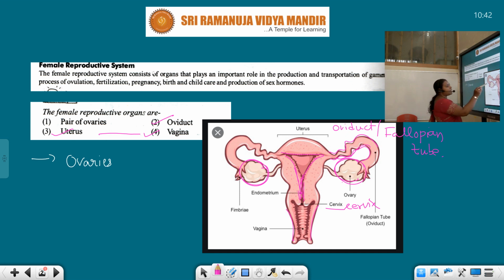And see students, at the end of the oviduct, at the connecting point with the ovary, there are small finger-like projections, the fimbriae. So what are the main parts of our female reproductive system, students? Uterus, ovaries, cervix, vagina, oviduct, also known as fallopian tube, and the fimbriae. These are the main parts present in the female reproductive system.